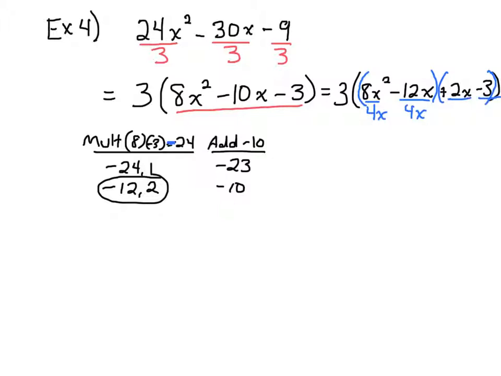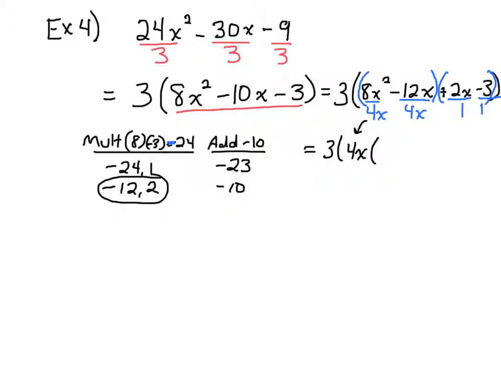The last term, 2x minus 3, actually has no greatest common factor, so we're going to still divide it by 1. So here we go. We've got 3 up front still. Then we're going to have 4x, because that was the greatest common factor we just took out.